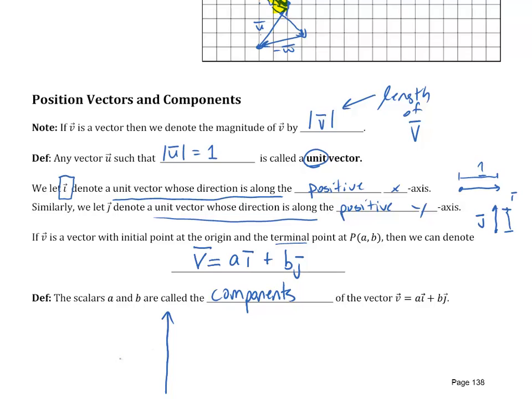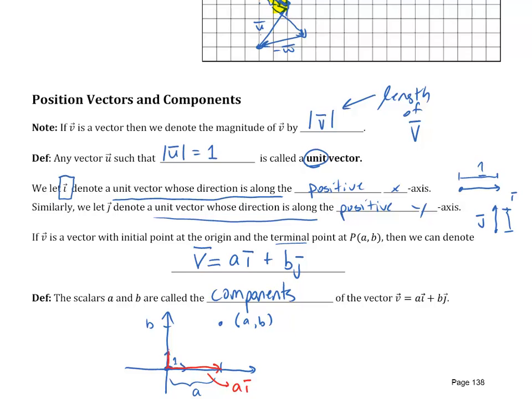So think of it this way. If you've got a coordinate system, and here's your origin, and here is your point, and the coordinates of that point are a, b, meaning that this distance here is a, and this distance here is b. If I had a unit vector, and I stretched it from being one length to a, that vector that goes along here, and I'll draw this in red, is a times i, because it's the unit vector in the positive x direction stretched to be a length of a.